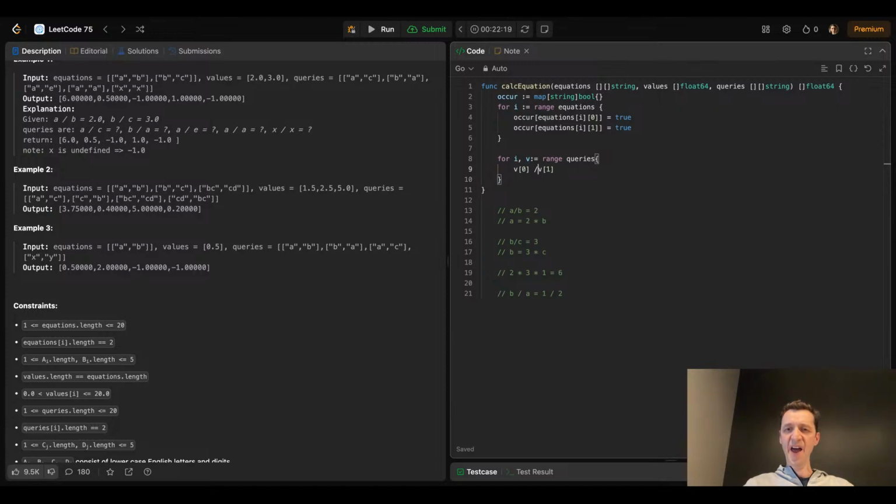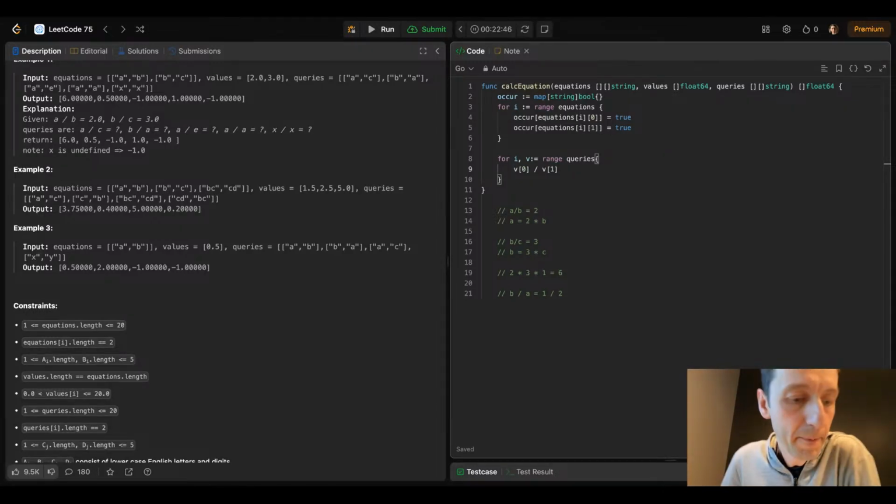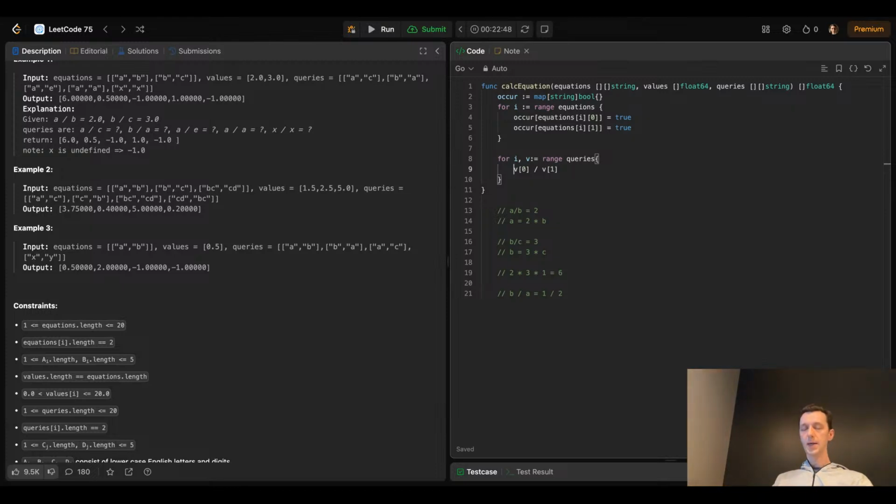Essentially, we need to find out what that means. So we need to find both of these values in the given equations, and then do the math. Yeah, we could do it just one by one.